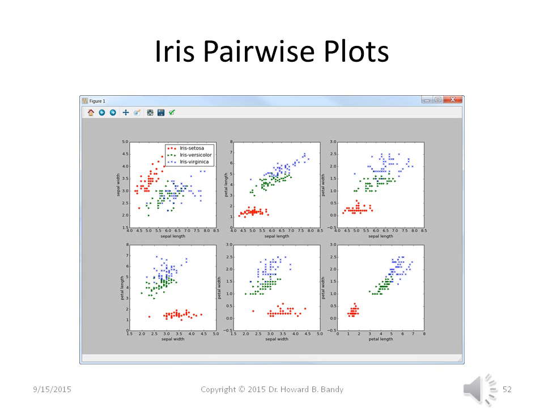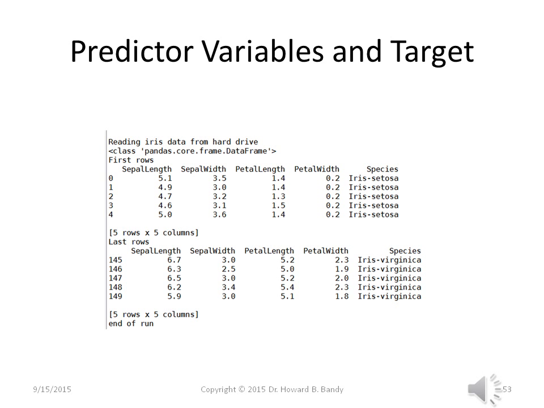We can see that throughout those 6 plots, and those are all combinations of one against another of the predictor variables, the red dots separate pretty easily. What we're going to do as we read the data into Python is have 150 data rows, each one of which is 4 predictor variables and a target variable.